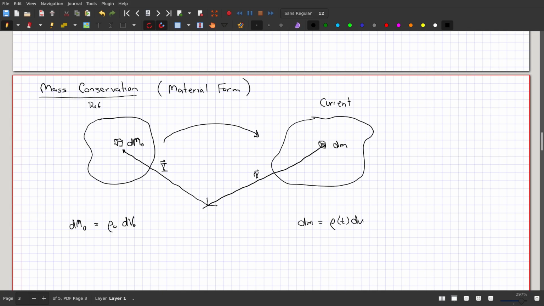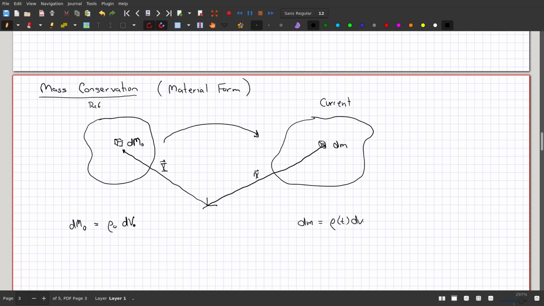If it's the same element and mass is conserved, then dm0 must equal dm, or rho 0 times dV0 must equal rho of t times dV.